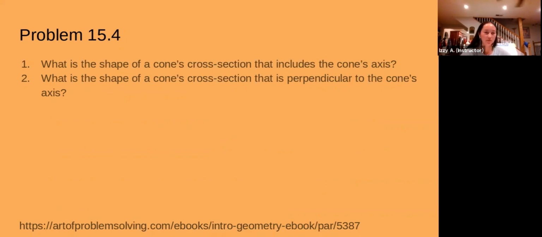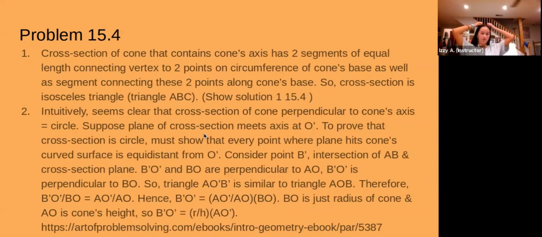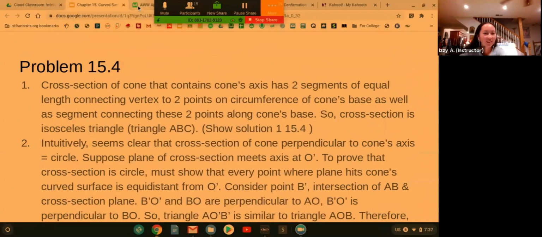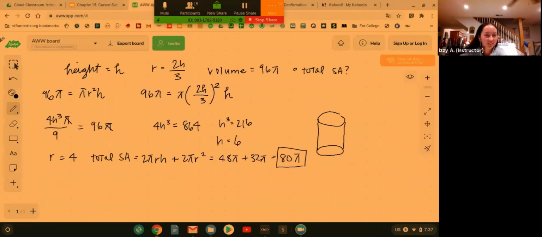Okay, so the cross-section of a cone that contains the cone's axis has two segments of equal length connecting the vertex to, okay, wait, actually, this is complicated, so I will finish.